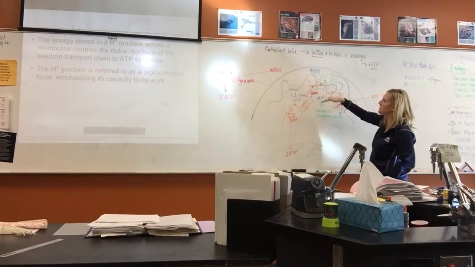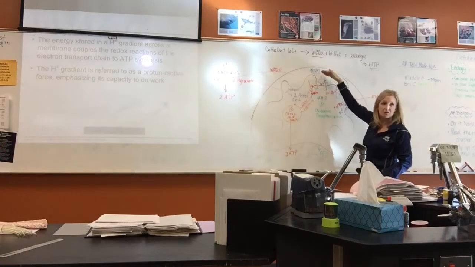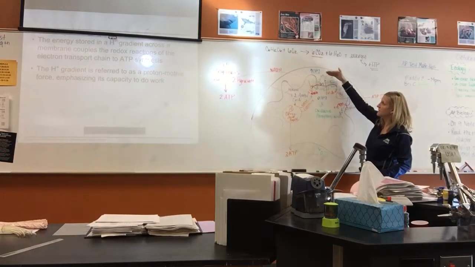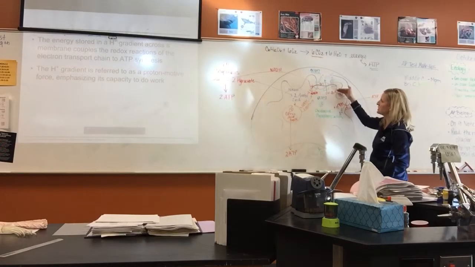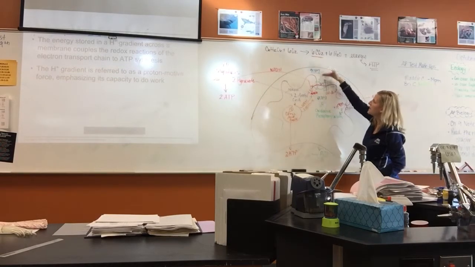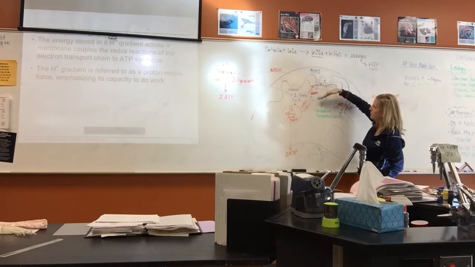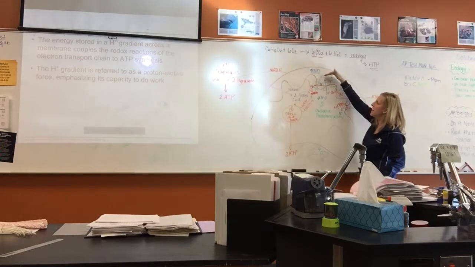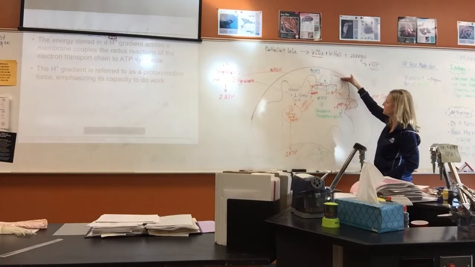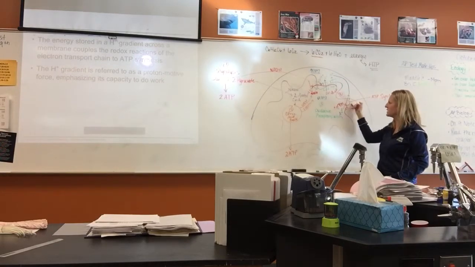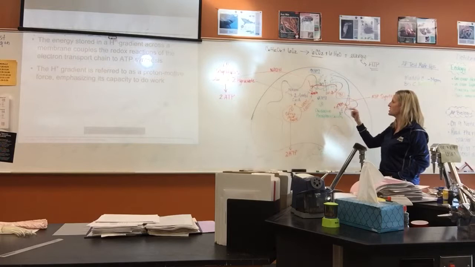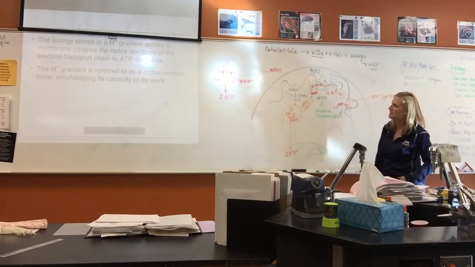Remember we talked yesterday, what is a gradient? A difference in concentration across the space. So in this case, it's across the inner membrane. So you have high and low. The electron transport chain creates that gradient. So therefore, it pumps the H pluses here. And then this is like energy, it's like water behind a dam. You have a high concentration of H pluses in this intermembrane space. So now they can flow back in through the ATP synthase, changing the shape of it and allowing it to make ATP.